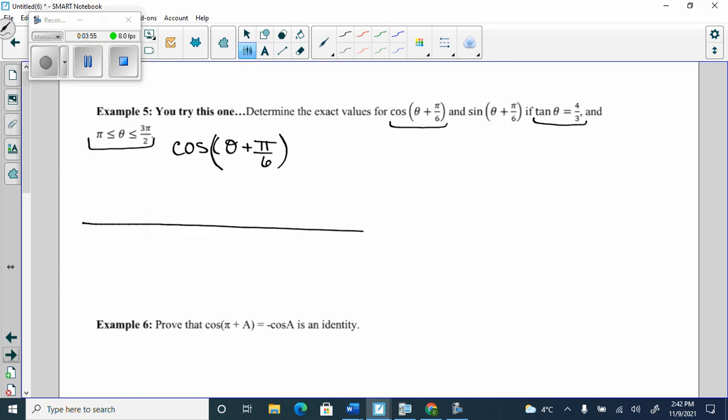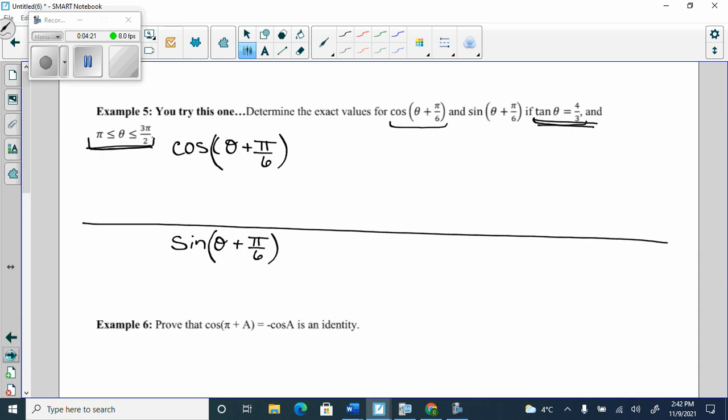And then you're going to do the next one with sine theta plus pi over 6. Draw the triangle. Tan 4 over 3 in quadrant 3. Make sure it's written down correctly, because it wasn't, probably, I would assume.